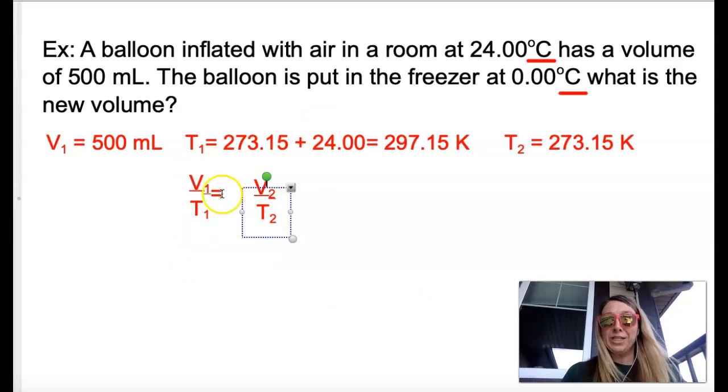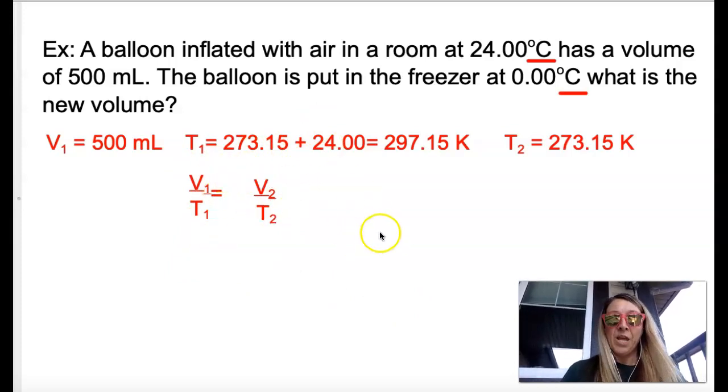Okay, so V1 over T1 equals V2 over T2. We are trying to solve for V2, right? So this is what we want to isolate. We need to move that T2 up there so we can isolate that V2.